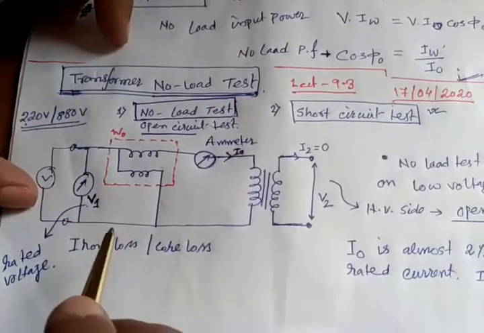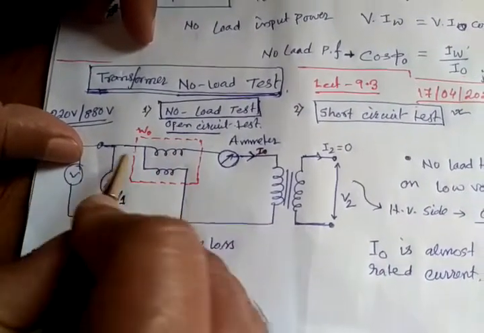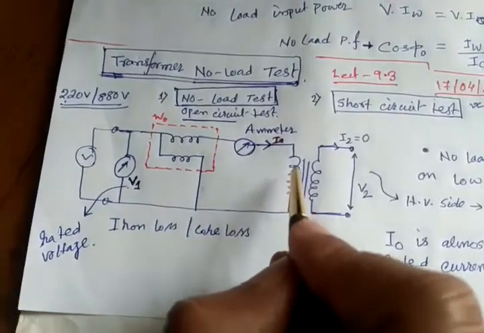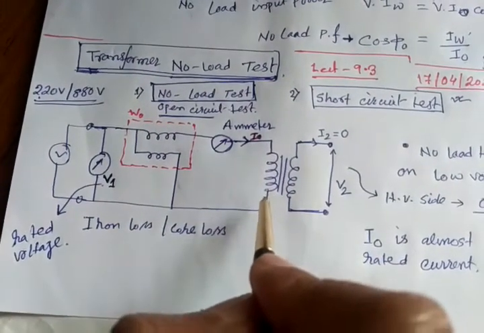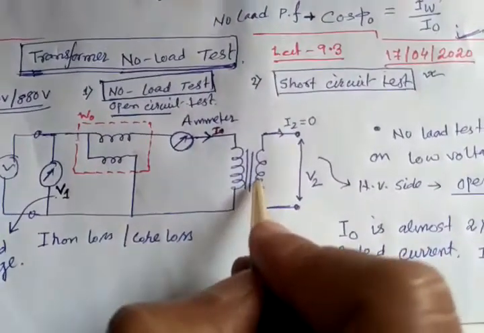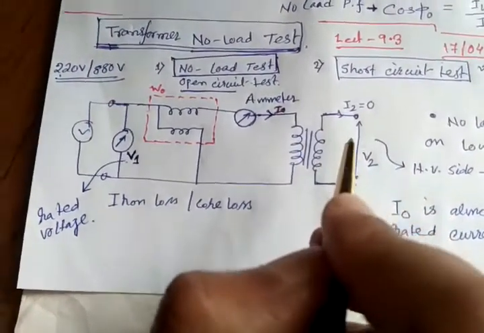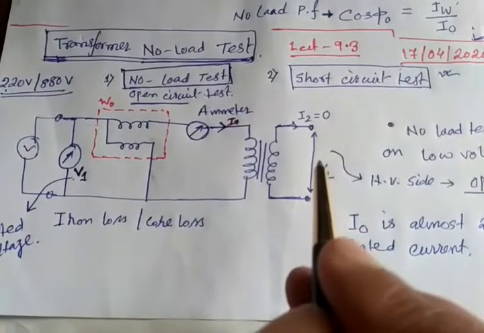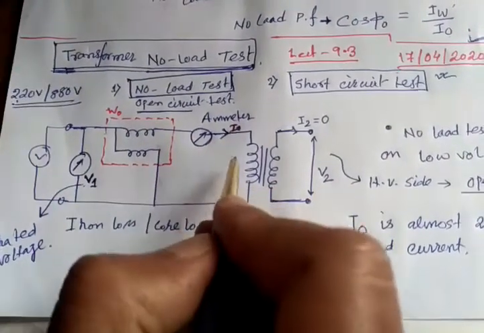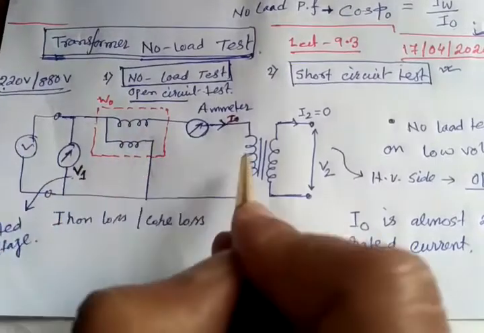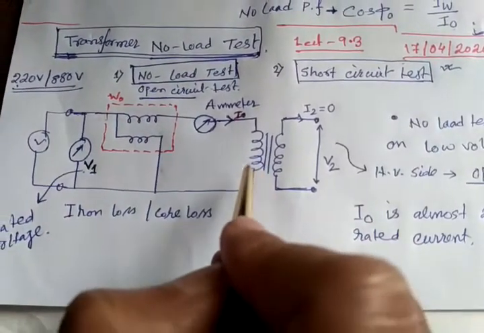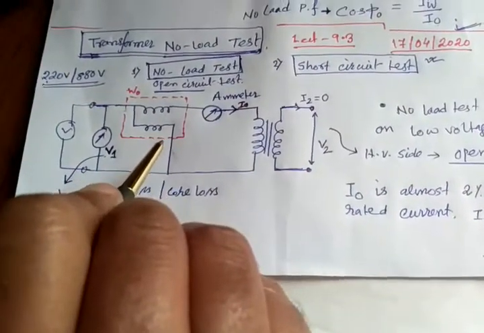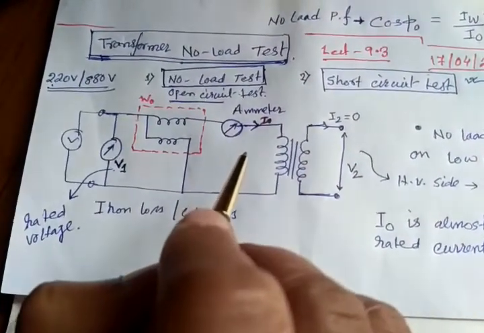When 220 volt is given, the current will flow through the primary coil, and this coil will generate the flux phi, the magnetic flux. It will also supply the hysteresis and eddy current loss and a very small amount of copper loss in the primary winding.